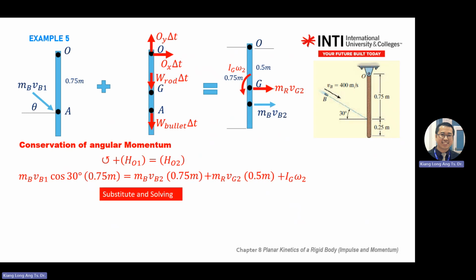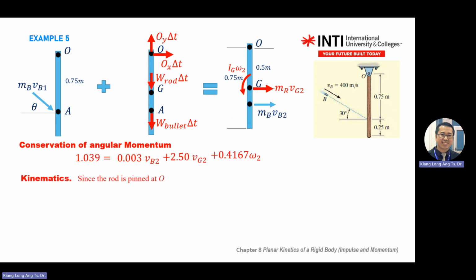So you have all the m, all the v, m1, v1 you have. This one you can calculate. This one you have vb2. vb2 and vg2 are actually the same because they are embedded in the same body. Okay, so on the left hand side, you have vb2, you have vg2 and omega 2.